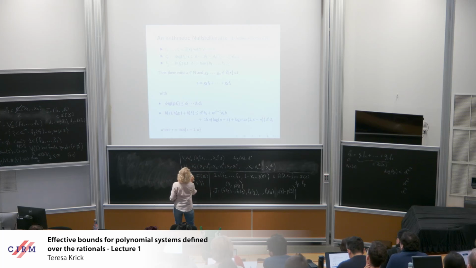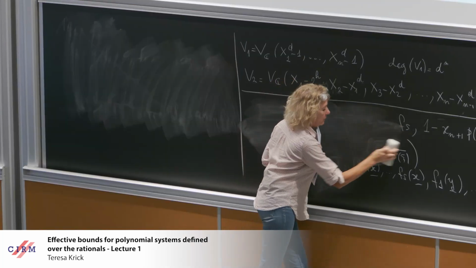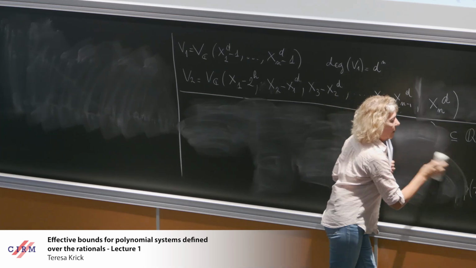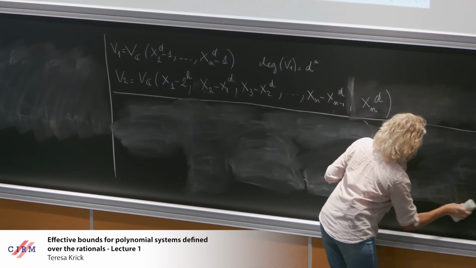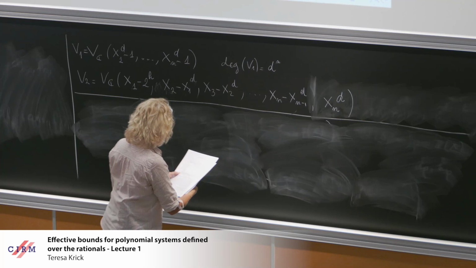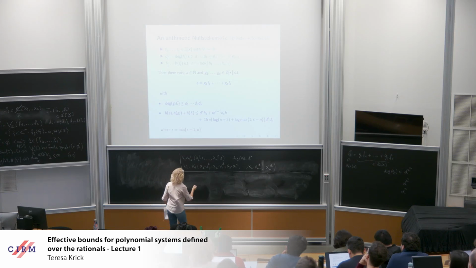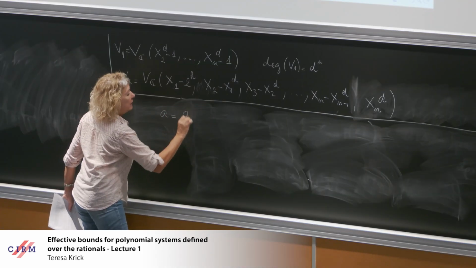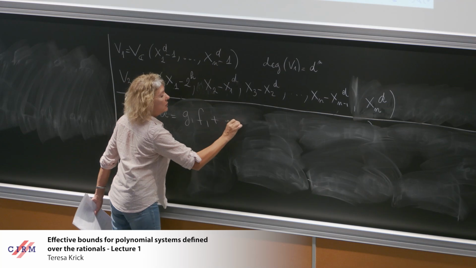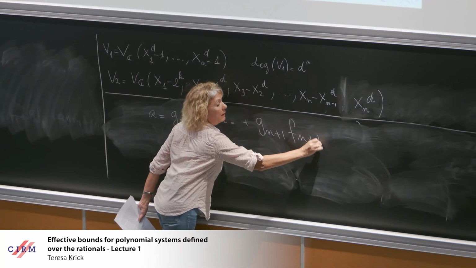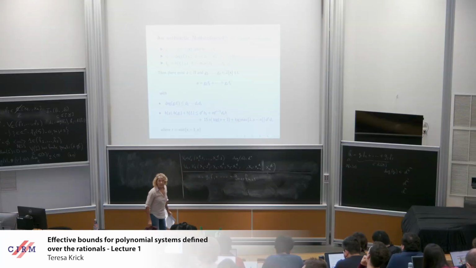And I would like to see if I can say something about the degree and the height of a Bézout expression for that. So I know that I will have something like A equals G1 F1 plus ... plus G_{n+1} F_{n+1}.